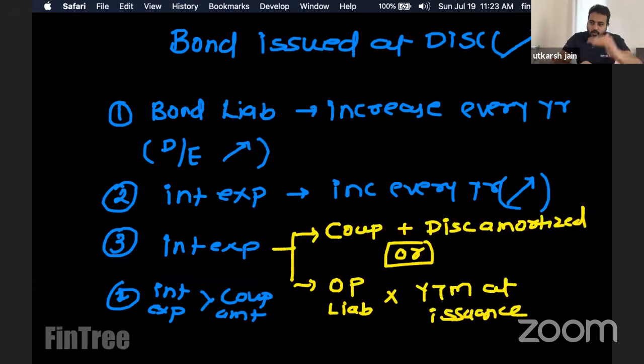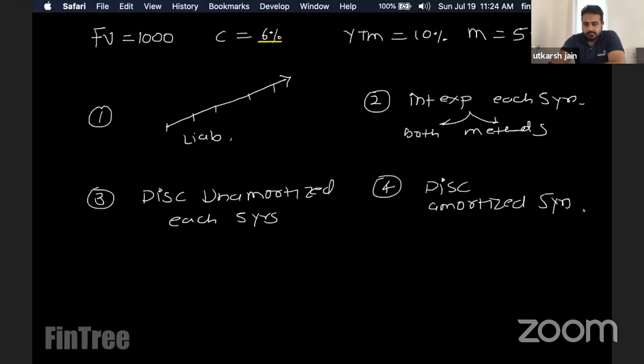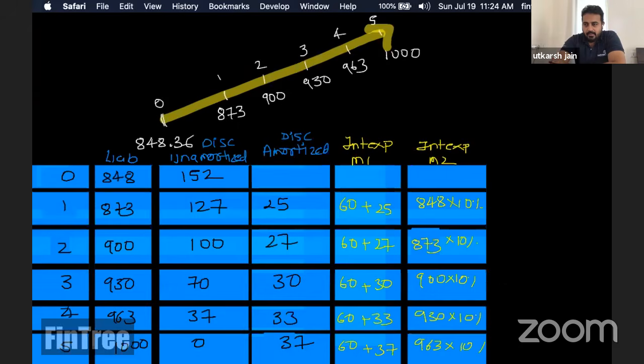So the liability I had at the beginning of the year, which was the closing liability of last year, that into 10%. So we've done the same stuff here. Opening liability into 10%. Will there be any questions on impact on ratios of these bonds? Of course, yes. But if you know this framework, you should be able to answer ratio questions as well.